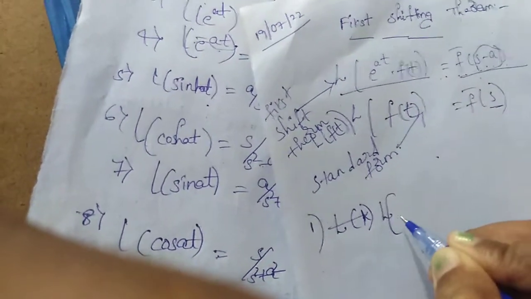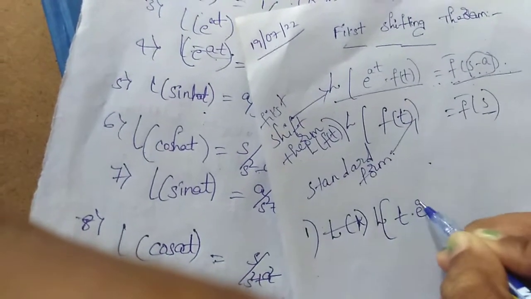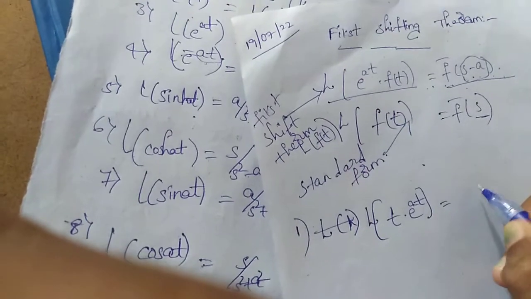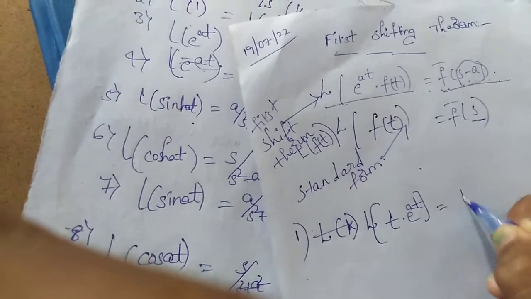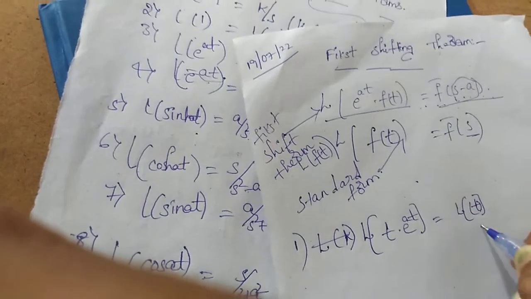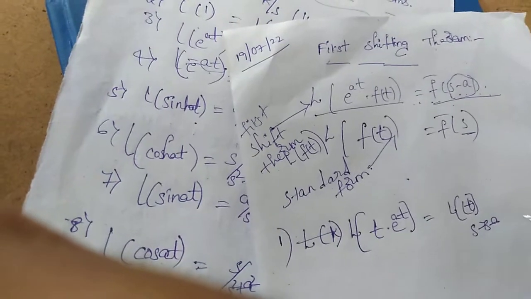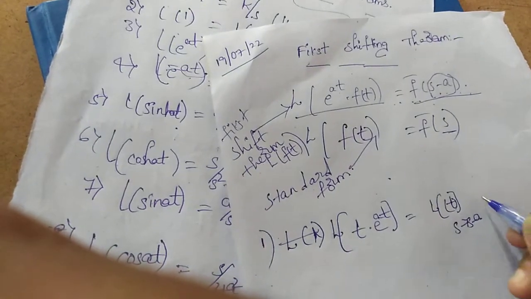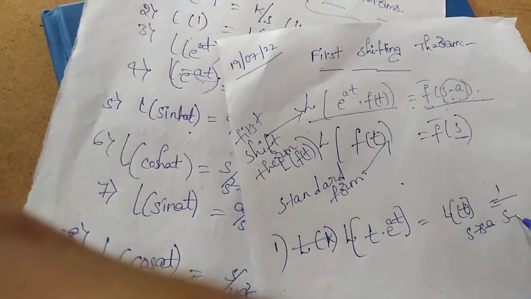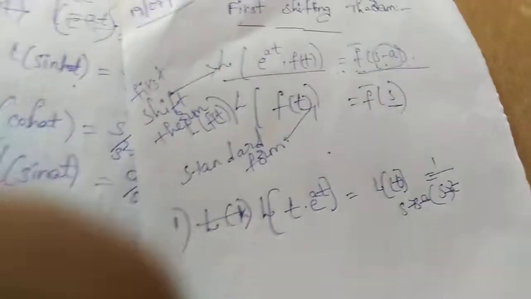L of t into e power at equals L of t with s tends to s minus a, which is 1 by s minus a square.